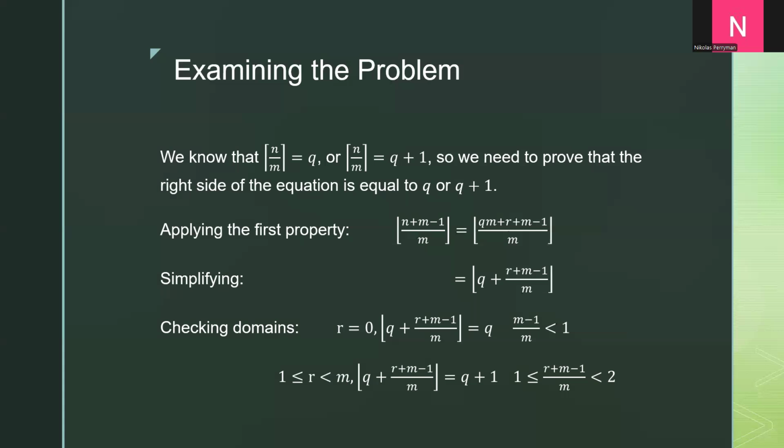When r is greater than or equal to 1, then the fraction itself is going to be greater than or equal to 1, and in this case, less than 2, because it is still a fractional value. And due to the domains, it can't be 2 or higher. And therefore, when you apply the floor function to that, it will just be 1. So that's how we get to q plus 1.